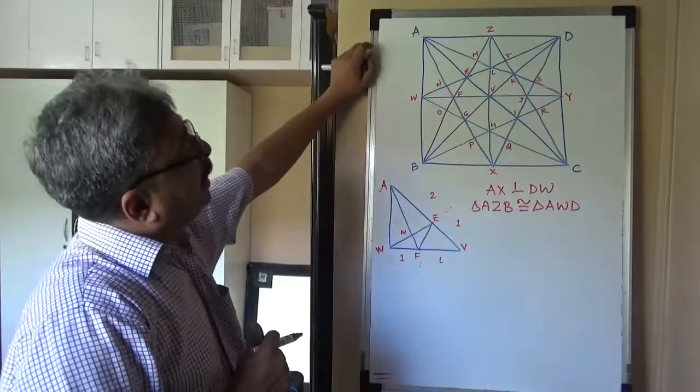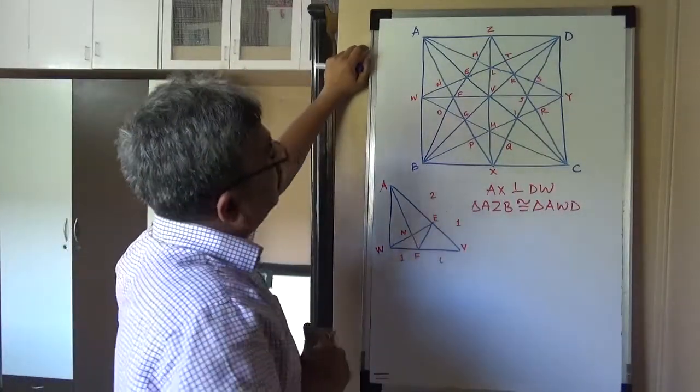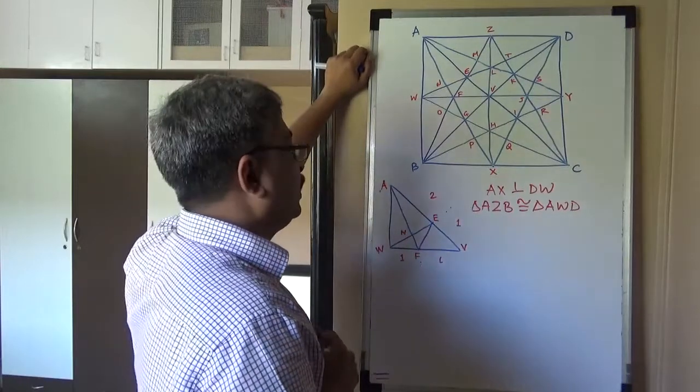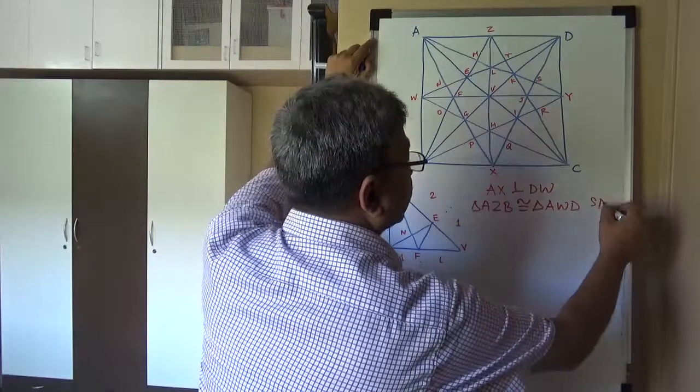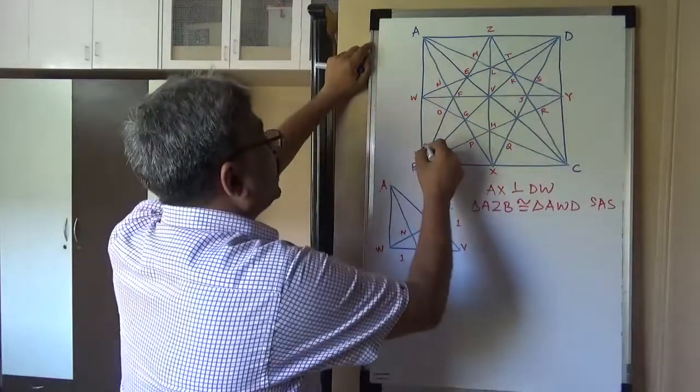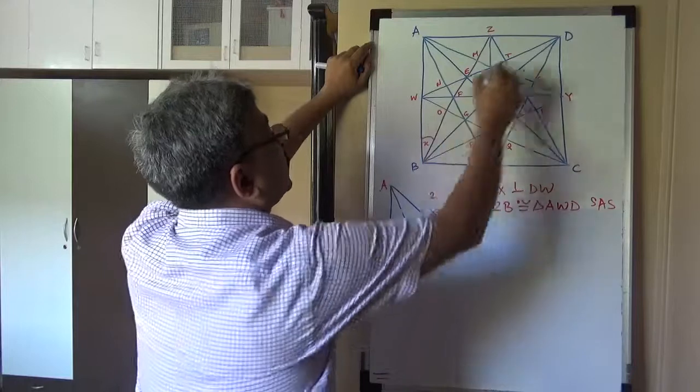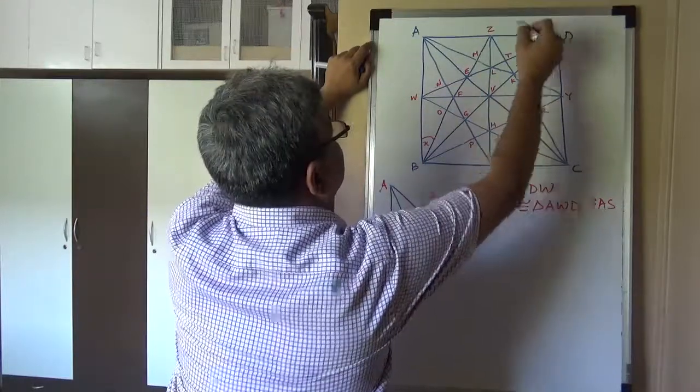Okay, so AWD is congruent with AZB. Why? By SAS. And therefore this angle X is going to be congruent with this angle X.